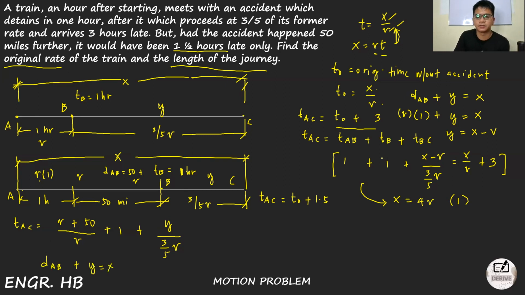So kagaya ng unang equation, nagiging tatlo na naman kasi unknown yan. So in order for the equation to have two unknowns only, alam naman natin na may relationship si distance AB plus Y, and that is the total X. And we all know that the distance AB is here. So it will become Y is equal to X minus V plus 50.